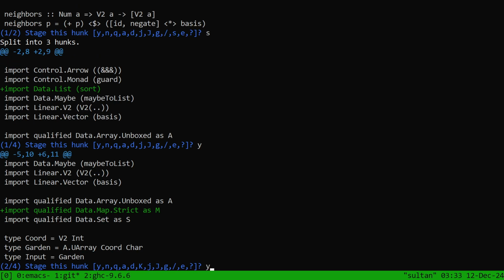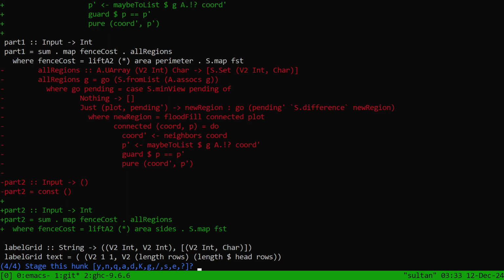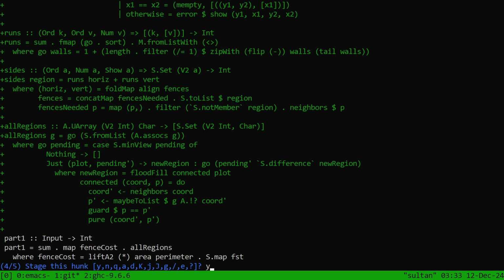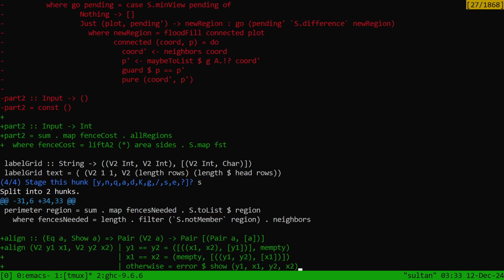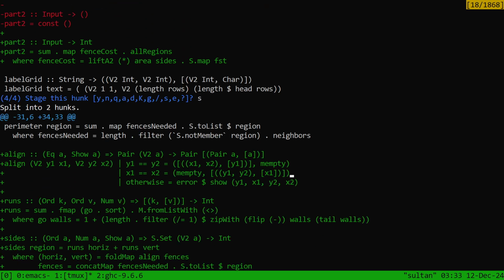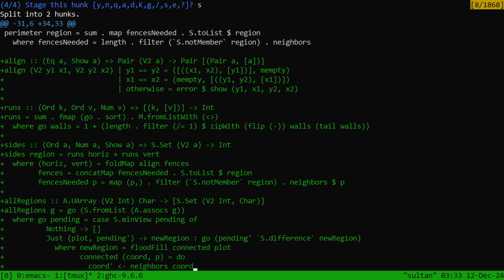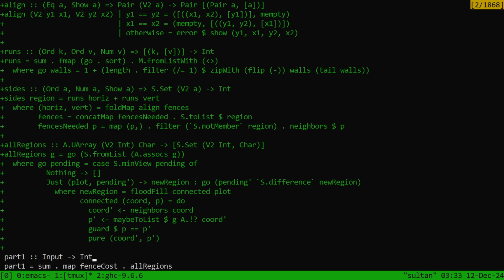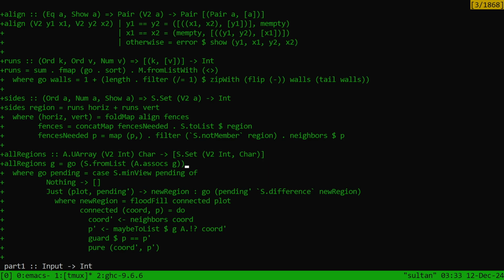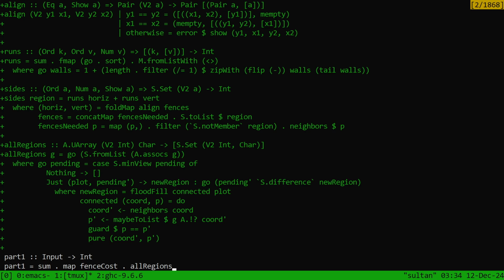Yeah, we do need sort and all this stuff. Yeah, and align and rows. I mean, they have stupid types. They should just be using ints, but I don't know. I like being maximally general. You know what? This is insane.